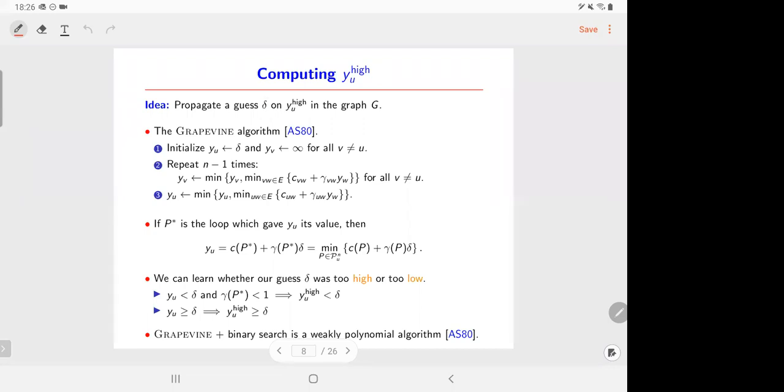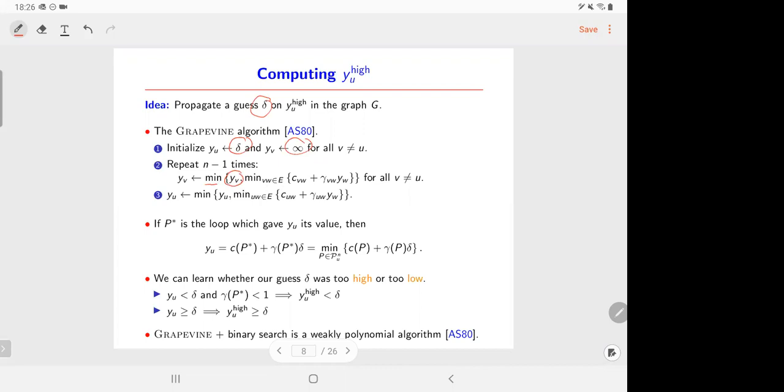So suppose we have an initial guess delta on YU high. Then we initialize YU with our guess and infinity on the other vertices. And then we repeat step 2 n-1 times. This is just taking the min of YV, essentially a Bellman-Ford step.